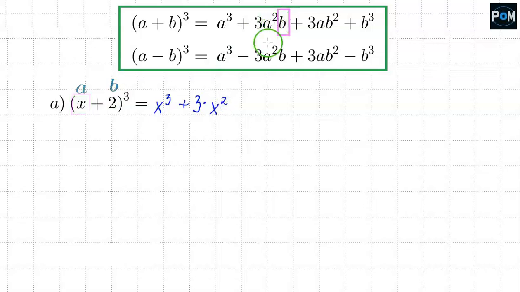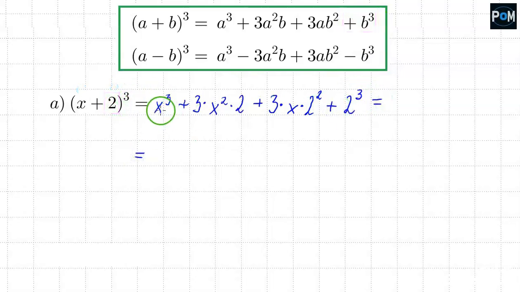And here is multiplication by b, which means by this 2, because this is our b, then we have plus 3. 3 times a, which is times x, and times b squared, which is times 2 squared. A plus b to the power of 3, meaning plus 2 to the power of 3.